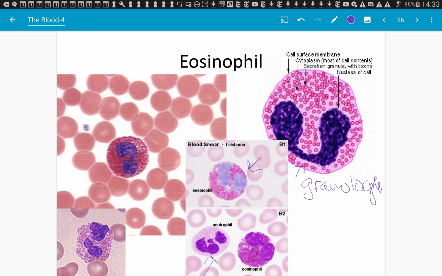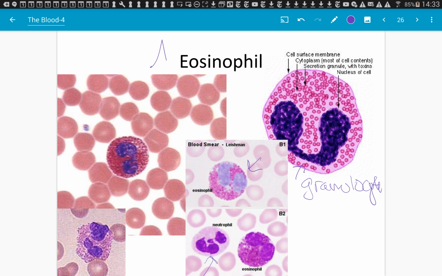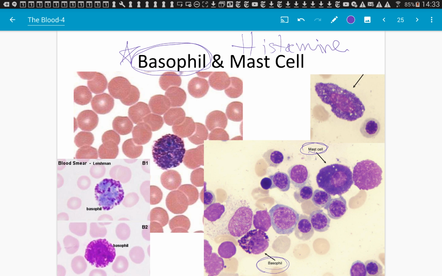But the big difference is the presence of granules, okay? So granules, it's an eosinophil. No granules, it's going to be your neutrophil, okay? Oh, let me put a star by that because, yes, that is one that I would ask you.